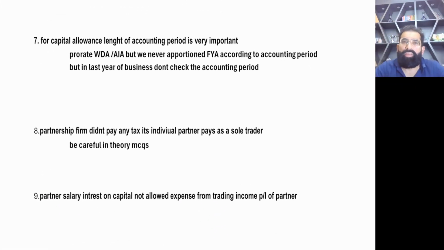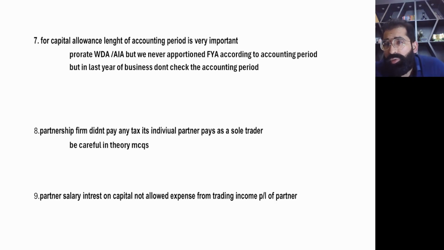Then we have capital allowances, meaning tax allowable depreciation. Whenever you are doing a capital allowance chapter, always check the length of the accounting period. If the length of the accounting period is exactly 12 months, then you don't need to apportion any WDAs or AIAs.